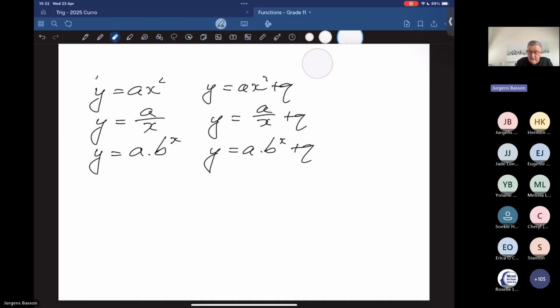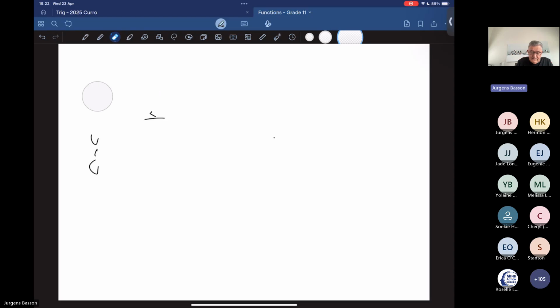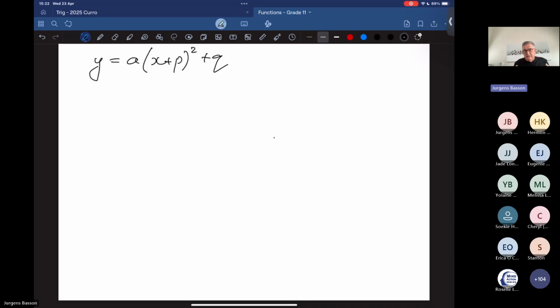So let me just remove some of this. And then we say y is equal to a bracket x plus p squared plus q. That is the parabola with all three of them. Now, ladies and gentlemen, I've got this question many times, that when we have a problem, let's say it is 2(x plus 1) squared minus 3, just to write something down.